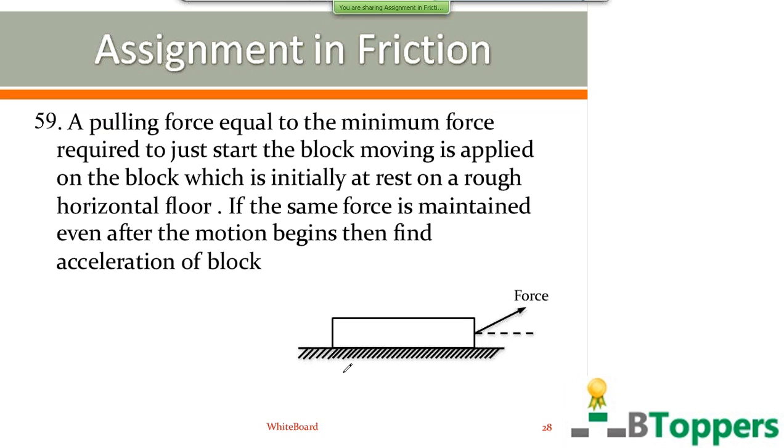See question number 59. This problem also comes under one of the special cases I have discussed in the past. Please refer to the special cases in the beginning of friction. The first set of special cases I discussed was for motion on the rough horizontal floor, where I discussed how to calculate the minimum pulling force required to start the block moving.